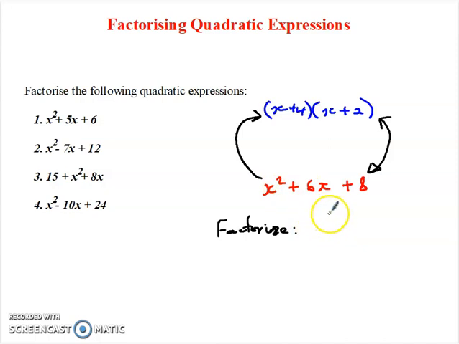So for example, if I say we should factorize 6, 6 should be written in a form where it involves factors of 6. Now, what are the factors of 6? We have 1, 2, 3, and 6, right?